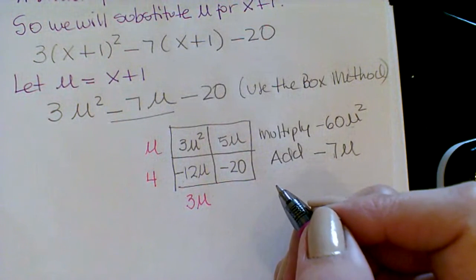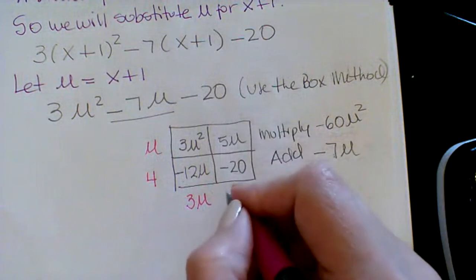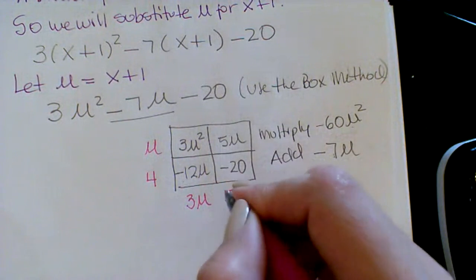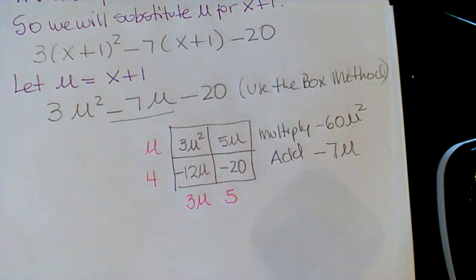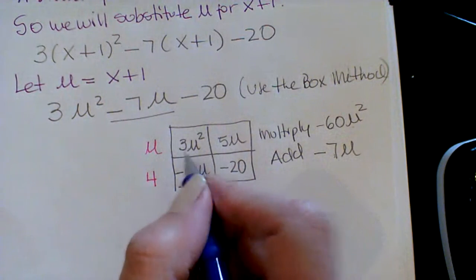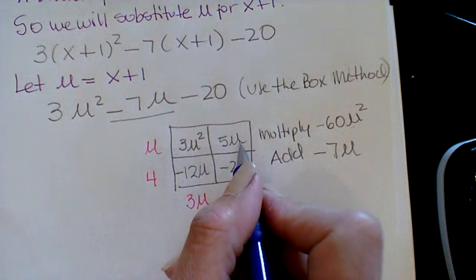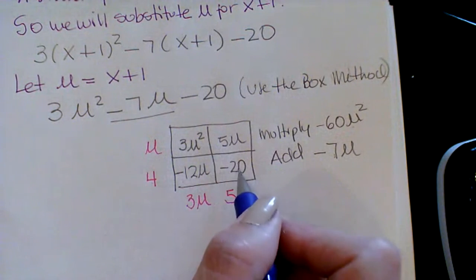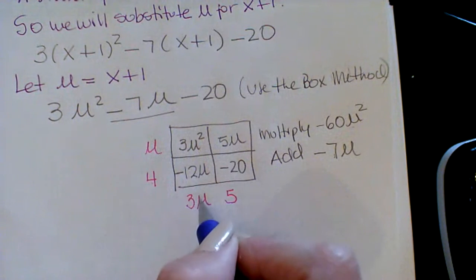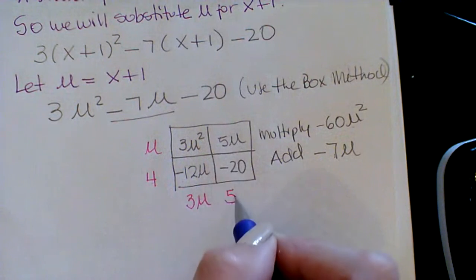And the factor here will be a 5. Now, the factor here would be a u. The factor here will be a 4. Here will be a 3 and 5.